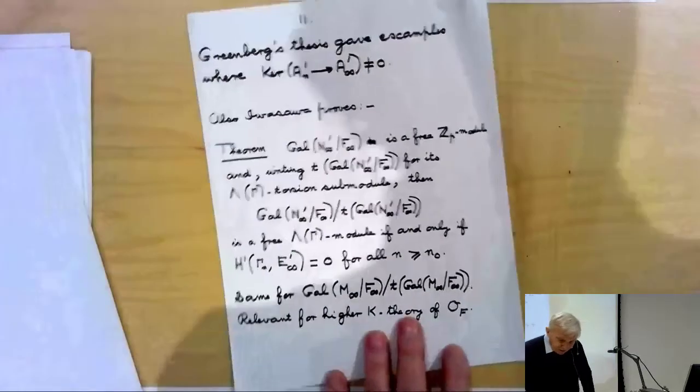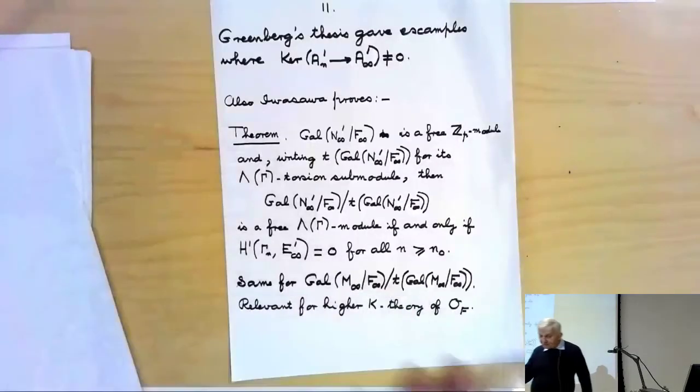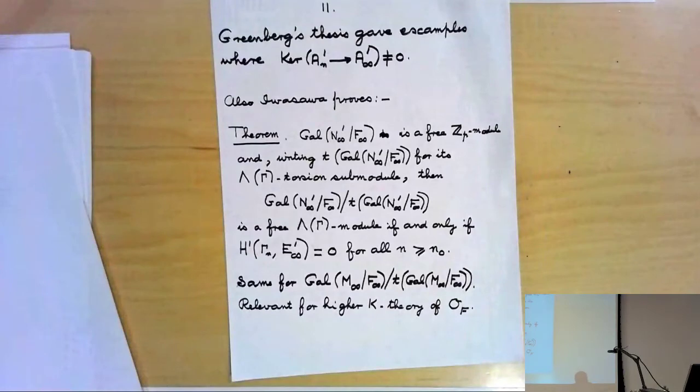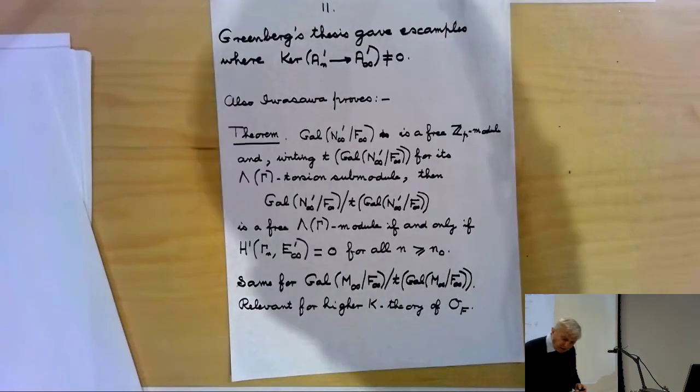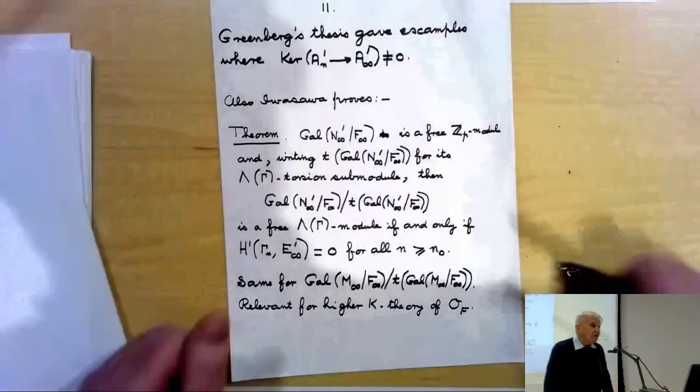Well, if I can tell a little story, when I first became interested in these things, I thought that Tate had proven an injectivity statement for these K groups going up, and therefore I thought one could prove that the cokernel was actually free always, that this H1 would have to be trivial.